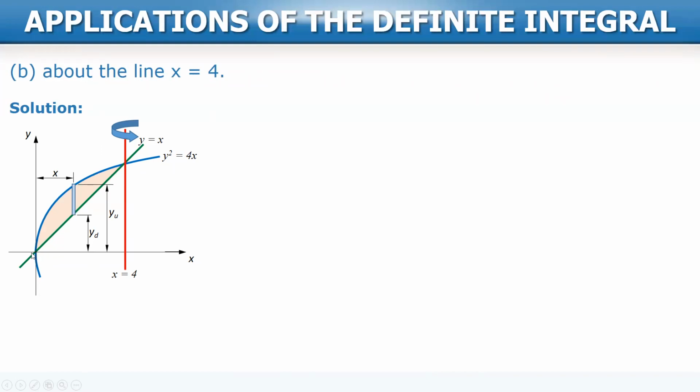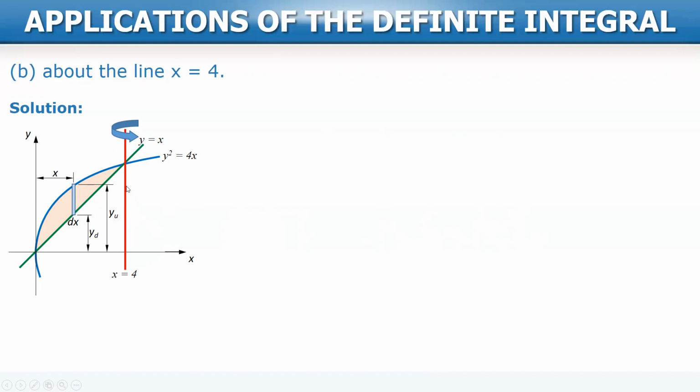So in plotting, x down, y down, x up, y up. So x down and x up are equal, or simply x. And we have dx. Now, this region is to be revolved about this line, x equal to 4.